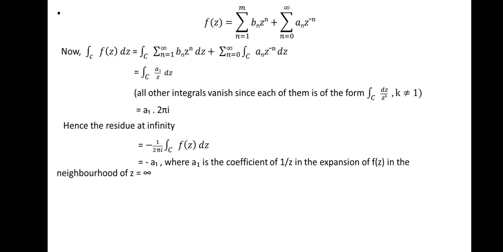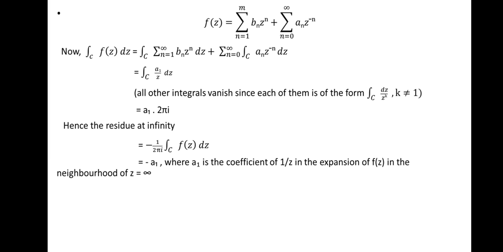Now, the integration over C of f(z) dz equals the integration over closed curve C of summation n equals 1 to infinity b_n z^n dz plus summation n equals 0 to infinity integration over closed curve C of a_n z^(-n) dz, and that is equal to the integration over closed curve C of a_1 divided by z dz.